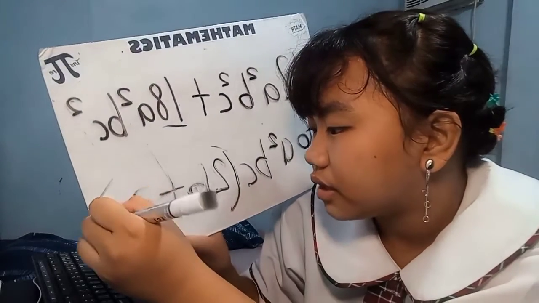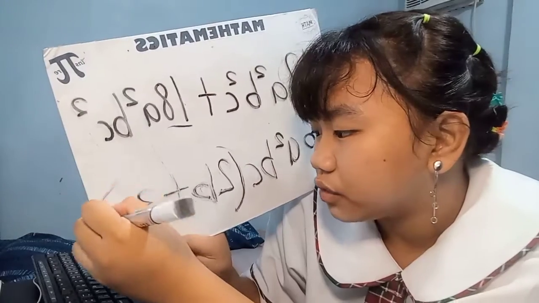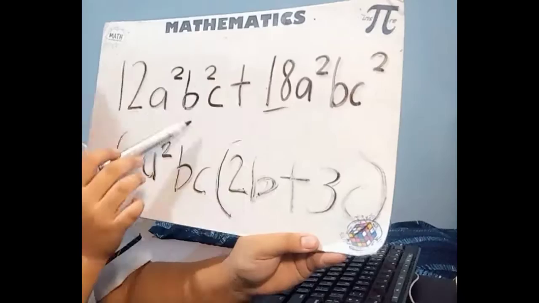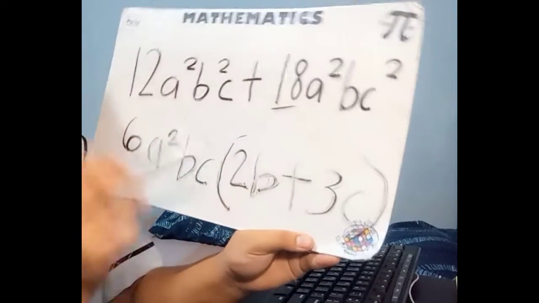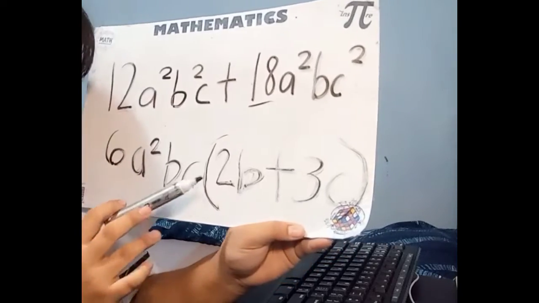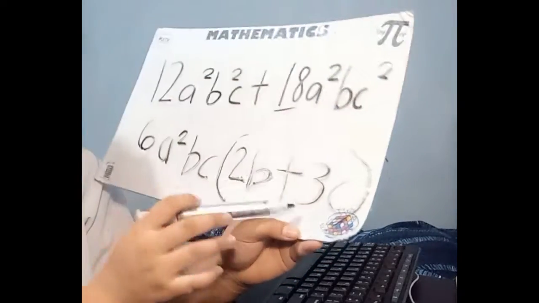So, this is the answer. Let's just write a close parenthesis. The answer to 12a squared b squared c plus 18a squared bc squared is 6a squared bc times the quantity of 2b plus 3c. So, it's all easy.